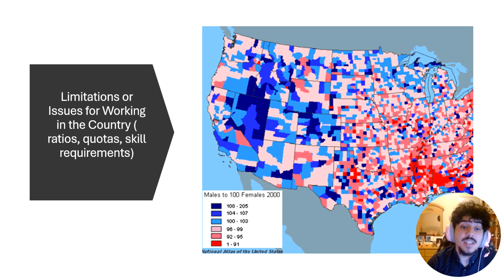Moving forward with the limitations or issues for working in the country: ratios, quotas, and skill requirements. The United States is known for very high qualifications within many different industries, departments, and companies.